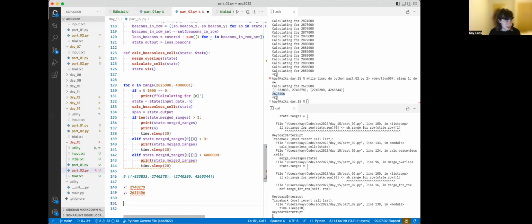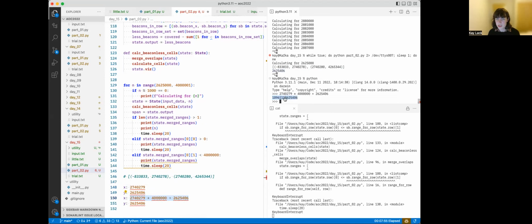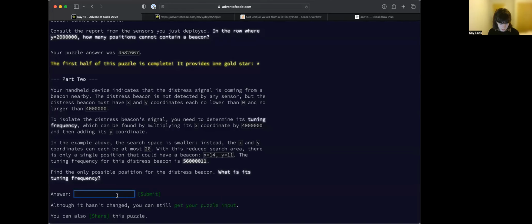And so we want to get the X coordinate multiplied by this number plus the Y coordinate, which would be this ridiculous number. Okay. I'm hoping for a second star here.